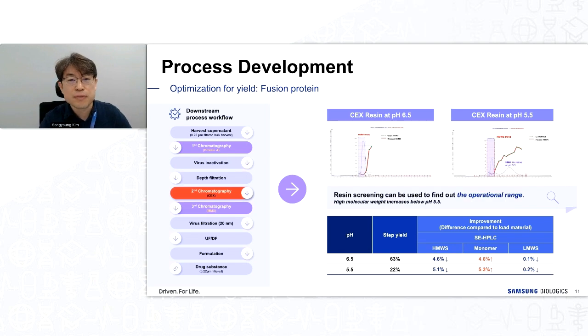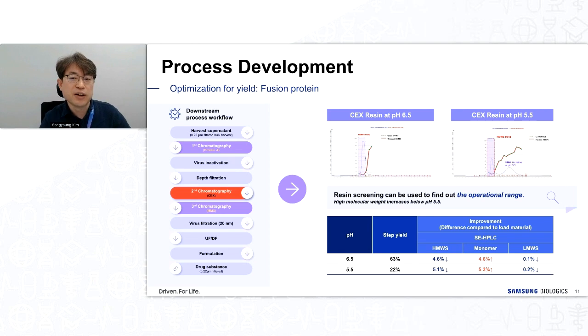The next case that I'd like to explore here emphasizes the importance of not only selecting the right resin, but also optimizing the condition for resin performance. Drawing from our historical knowledge, we identified the cation exchange resin candidate based on charge values.